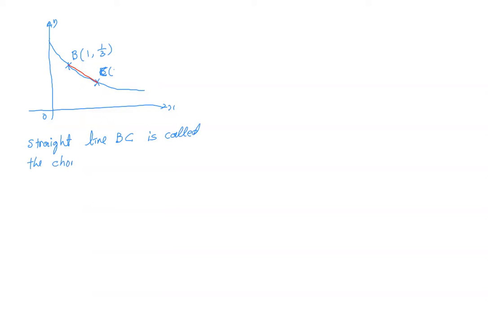Agree with the name that we give? You still remember when you talk about circle, when you join 2 points on the curve with a straight line, that is called a chord. Okay, point C, I call it 1 plus h. The x coordinate for point C is 1 plus h.